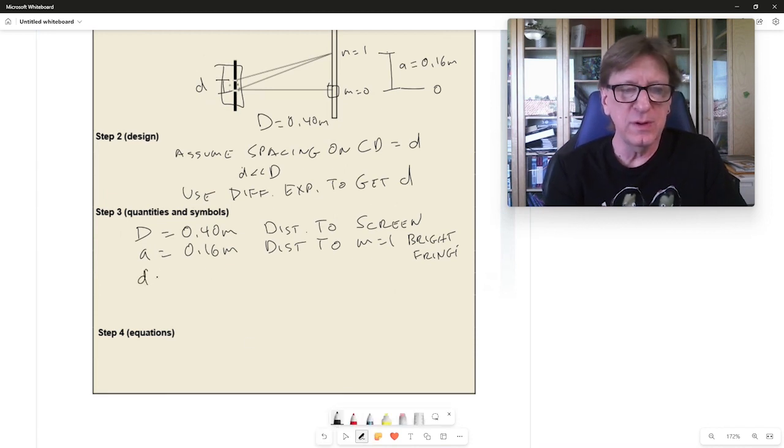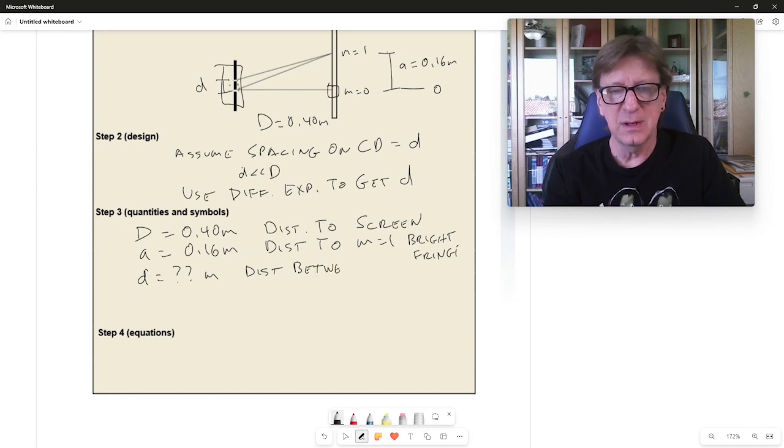Okay, and we want to find d in meters, and that's going to be the distance between the grooves, which is also the slit width. And then the last thing we know is that our wavelength is going to be 640 nanometers. So I'm going to write that in meters since everything else is in meters.